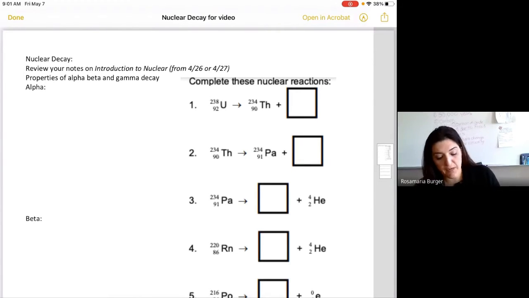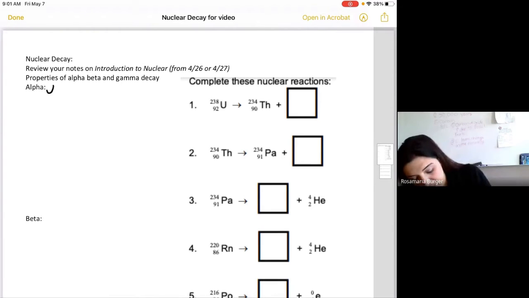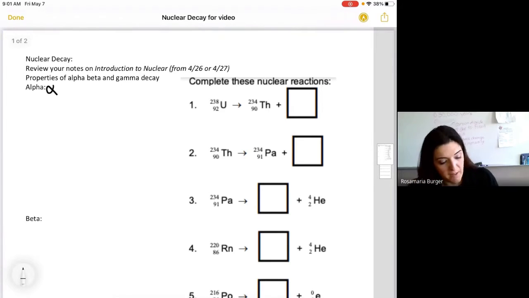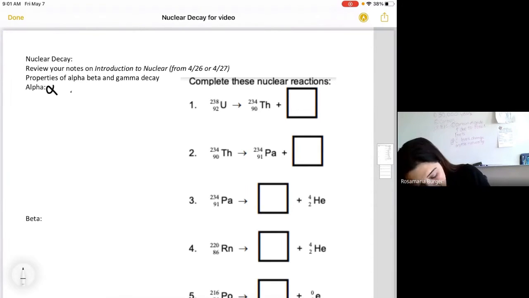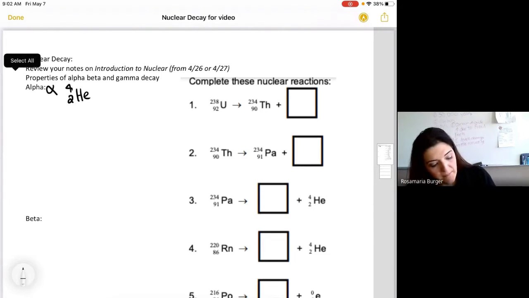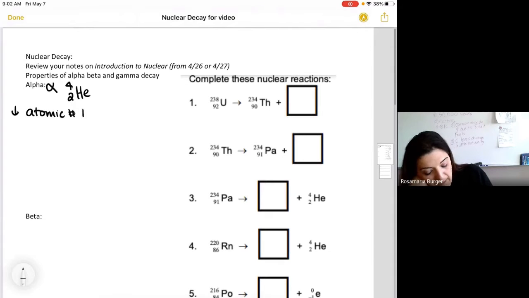So alpha radiation is represented by this, and an alpha particle looks like this, 4 2 He. What alpha radiation does is it decreases your atomic number by 2, and it decreases mass by 4.